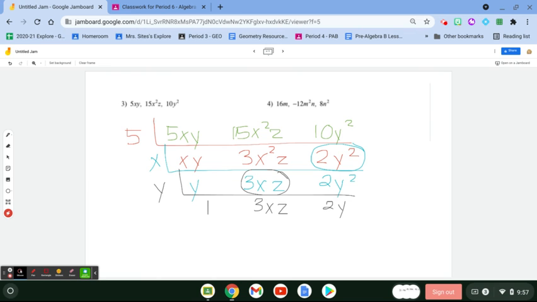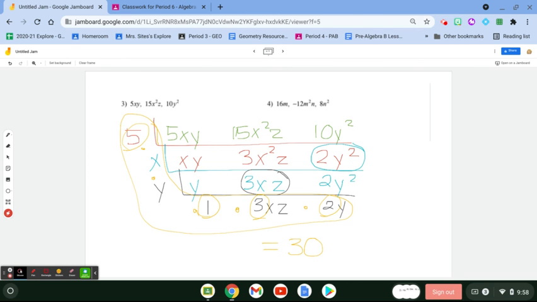So now what I'm going to do is circle my L, and I'm going to start multiplying. So 5 times 1 times 3 times 2. 5 times 1 is 5, 5 times 3 is 15, and 15 times 2 is 30. Now we're going to move on to the x's.